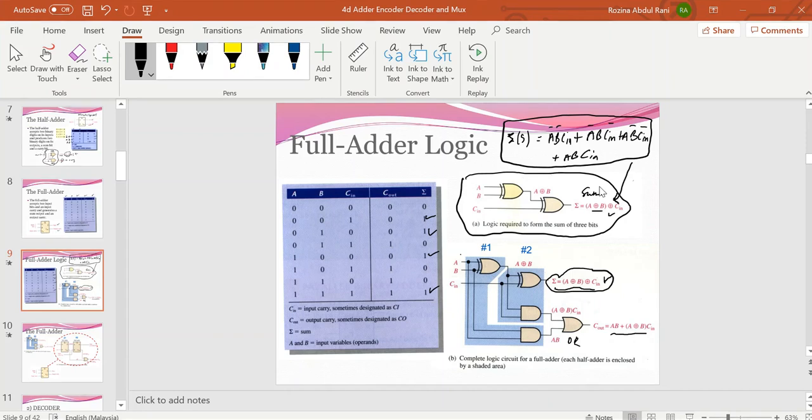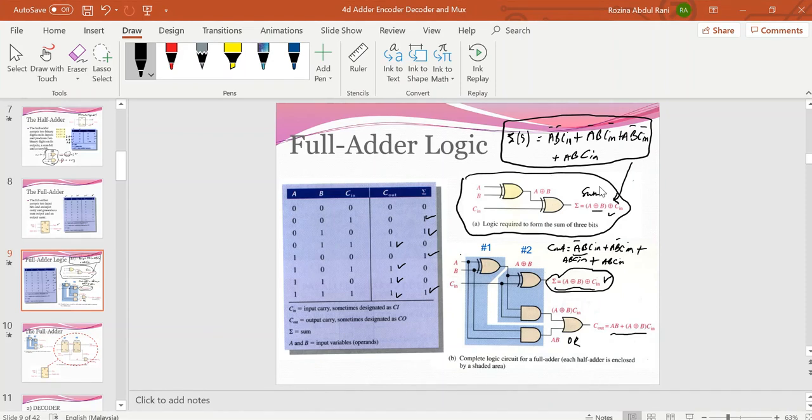Okay, meanwhile for C out, the Boolean function for C out is A bar B C in plus A B bar C in plus A B C in bar plus A B C in.